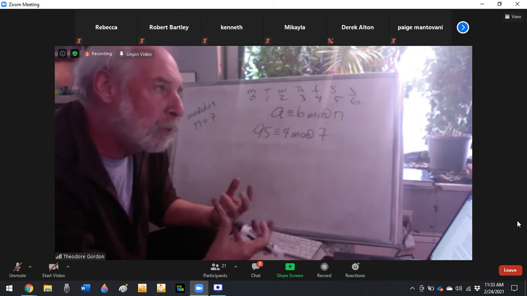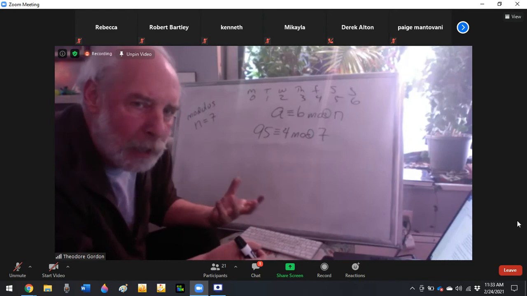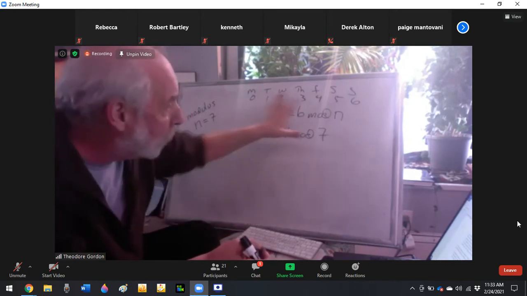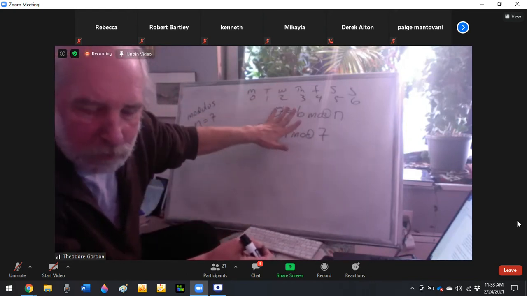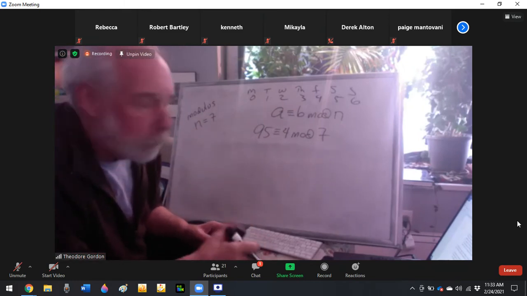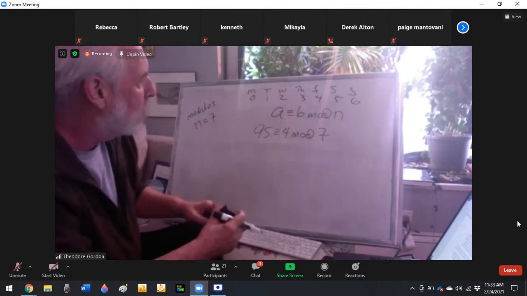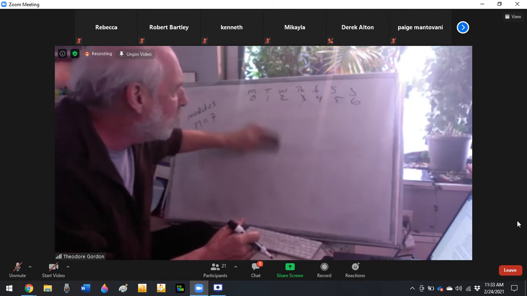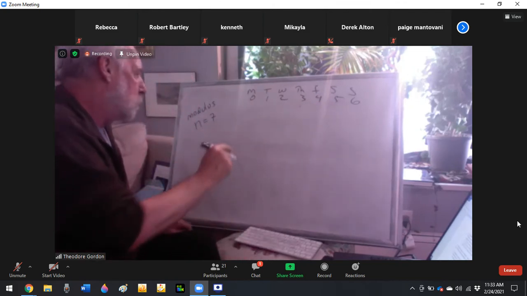And that hints a little bit at how we can hide words by changing them into numbers and encrypt them using this system here. So a lot of times what we're going to want to look at is something called least positive residues.